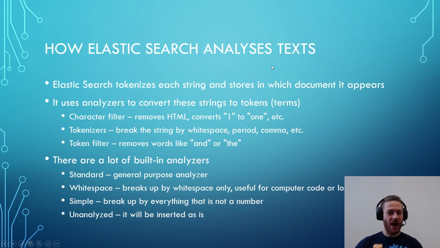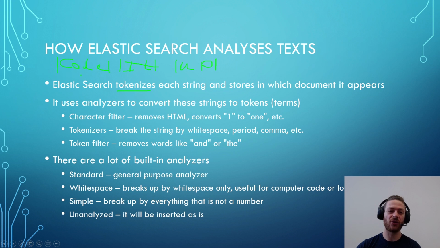How Elasticsearch analyzes text. Elasticsearch tokenizes each string and stores which document it appears in. It uses so-called analyzers to convert these strings to tokens. What is tokenizing? Well, if you have the text "coded up", Elasticsearch will separate it based on some rules into different tokens, and it will allow you to search based on these tokens.